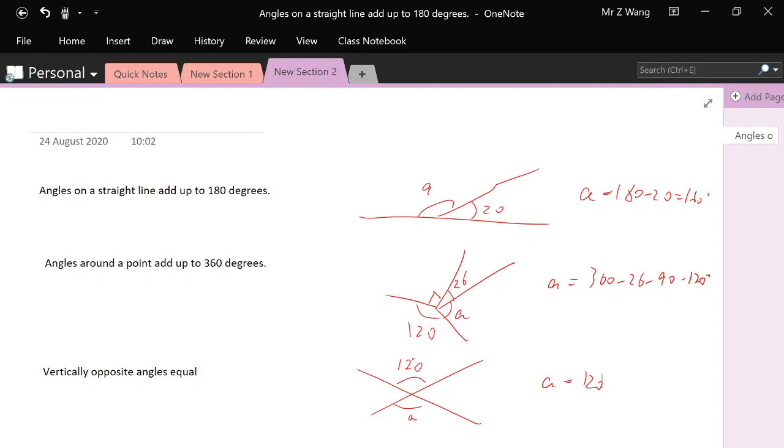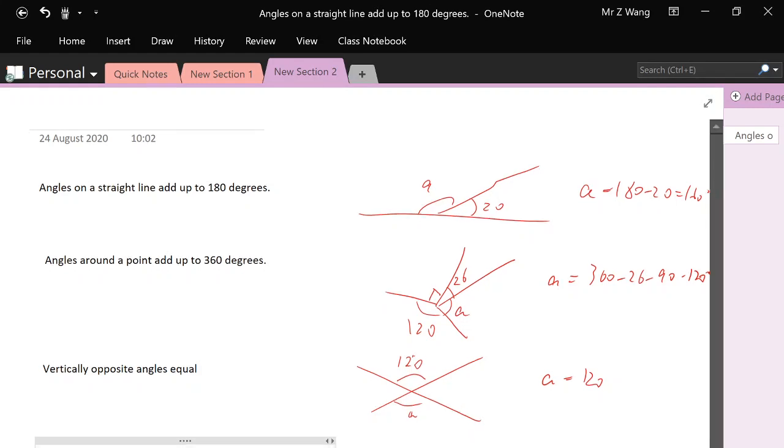Okay. Now, and then what did we learn? We learned the sum of interior angles of a triangle. Interior angles of a triangle add up to 180 degrees.